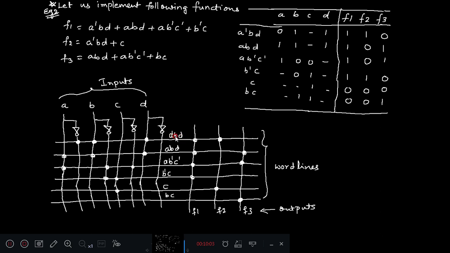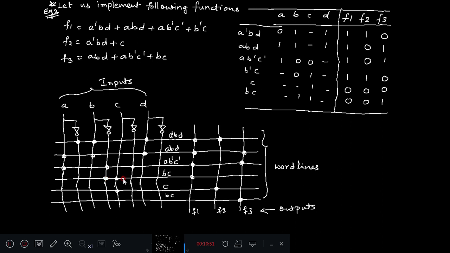The first word line A dash BD. There will be a horizontal line which is intersecting vertical lines. Here a dot indicates there is a connection, a programmable connection. So A dash B D, first product term. Then A B D, second product term. A B dash C dash.